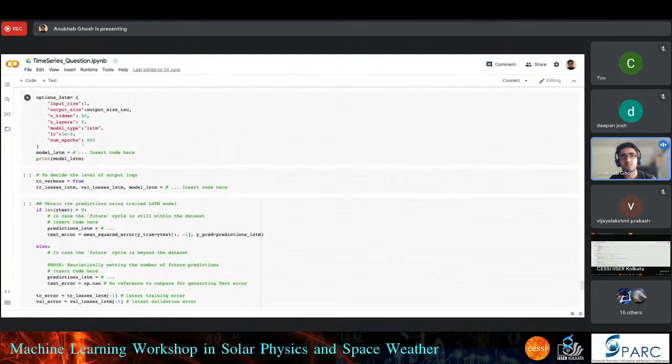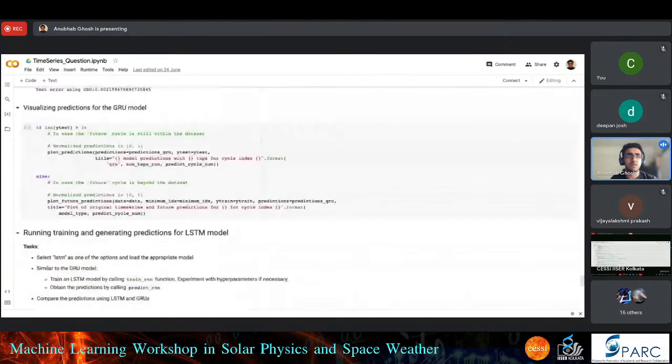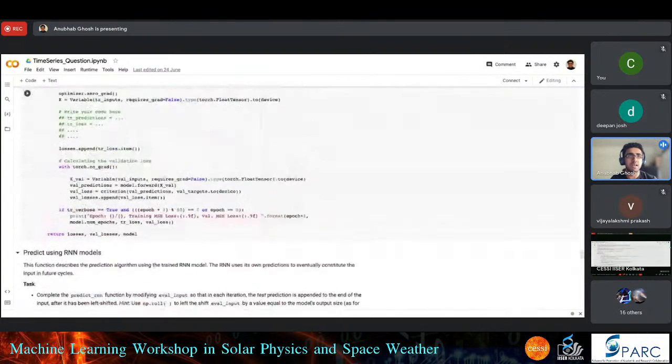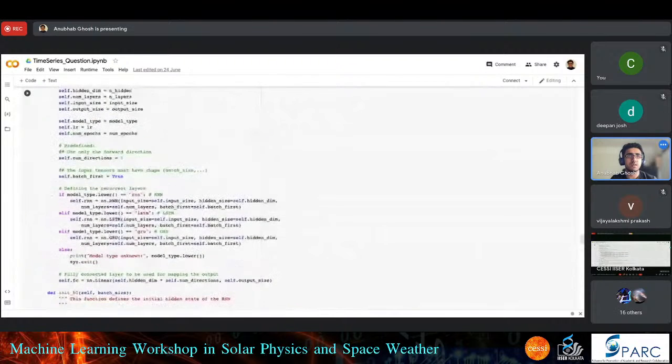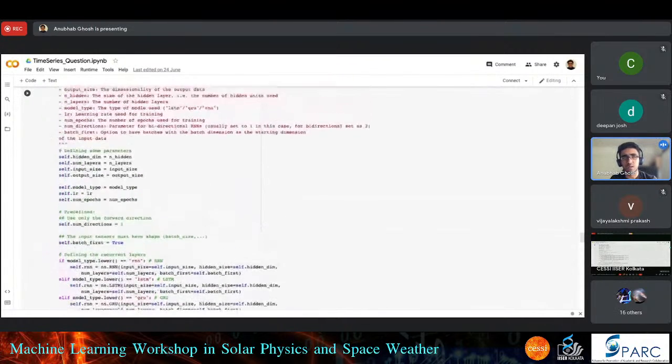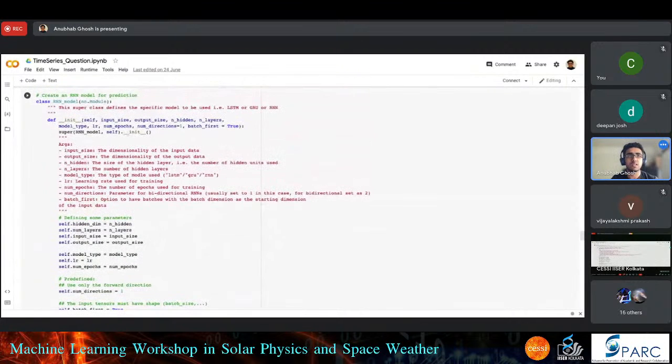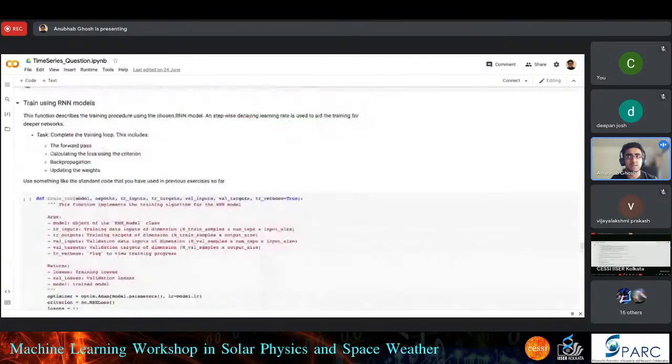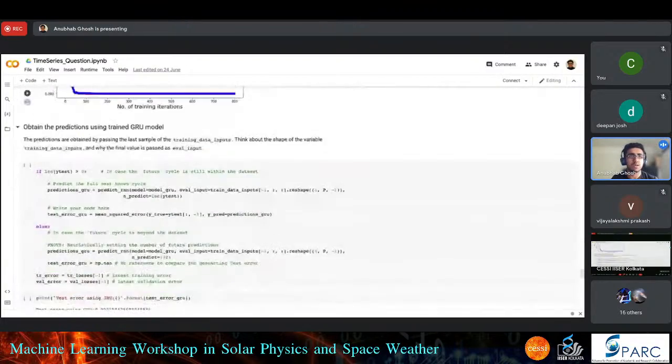I already gave you the configurations here. Note that the class I've defined up here lets you choose either LSTM or GRU by just providing the type of RNN in the arguments of the class.